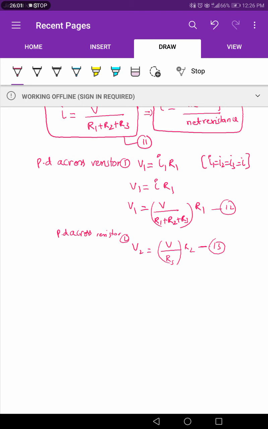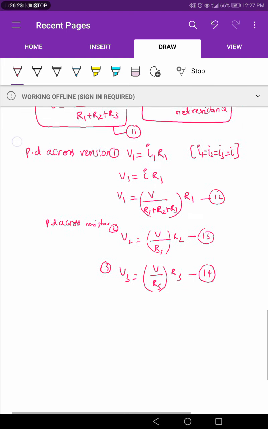RS is nothing but effective resistance in series. Next V3 we can write V by RS into R3. That's it. These are the potential drops across the different resistors in the circuit. So this is in the case of 3 resistors.